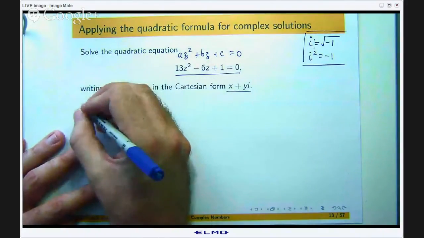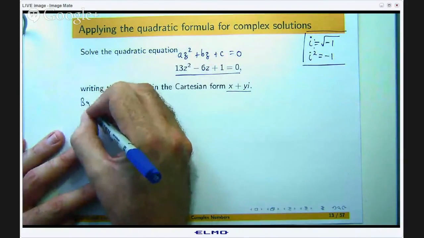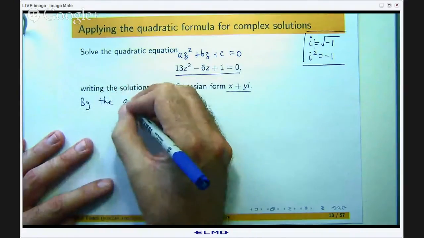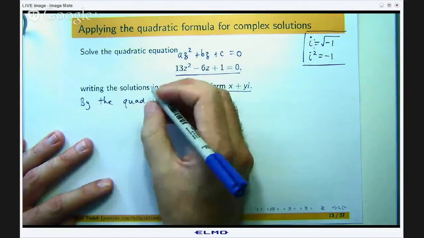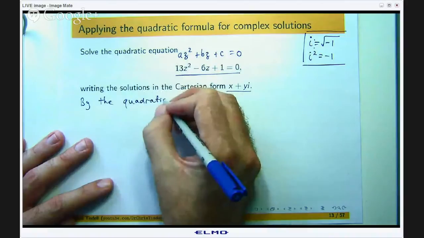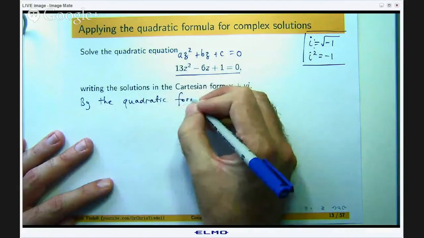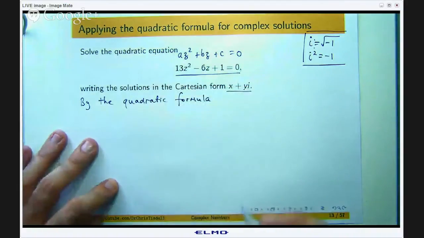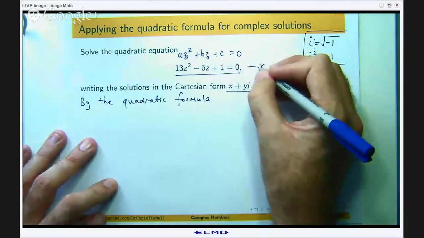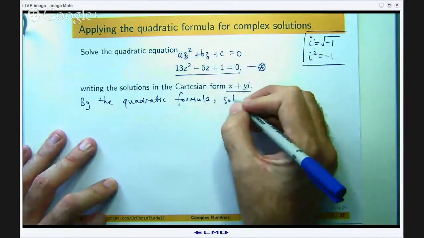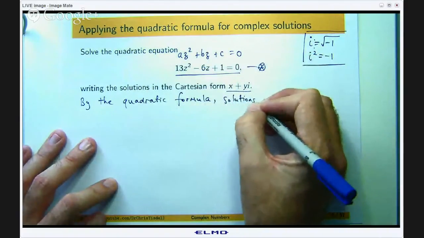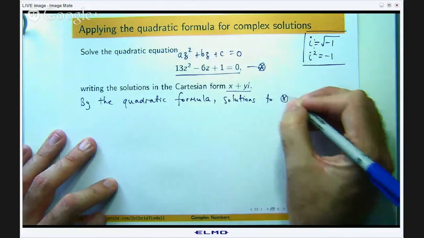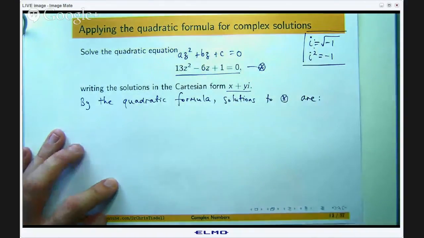So by the quadratic formula, let's call this, say, star, the solutions to star are the following.